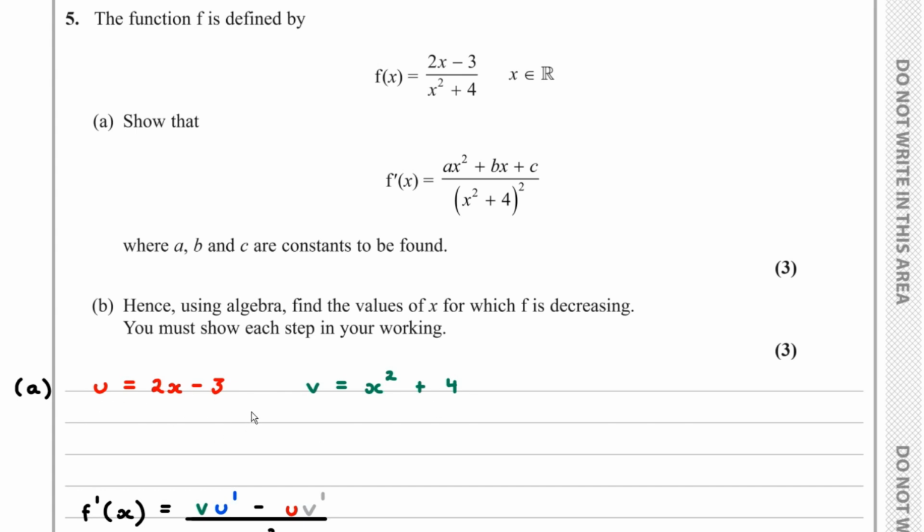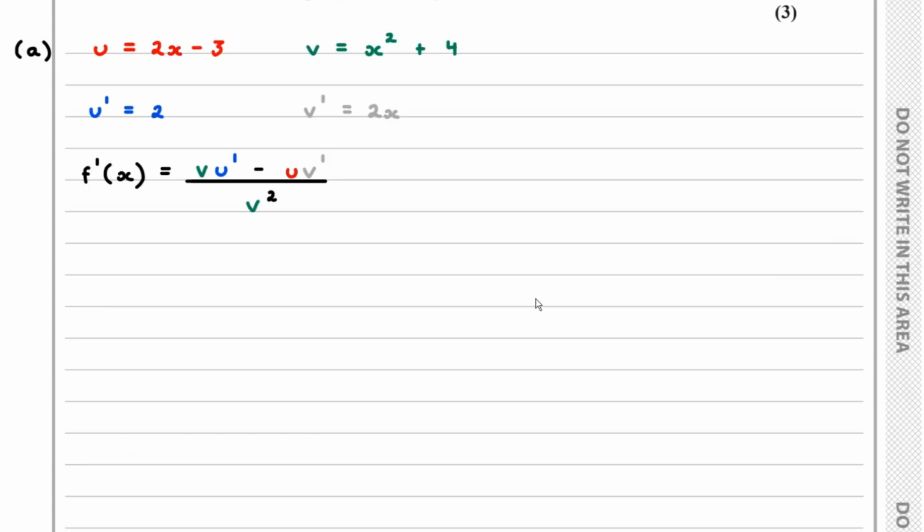Therefore, u dash, that's equal to 2, and v dash, that's equal to 2x. So let's use the quotient rule.